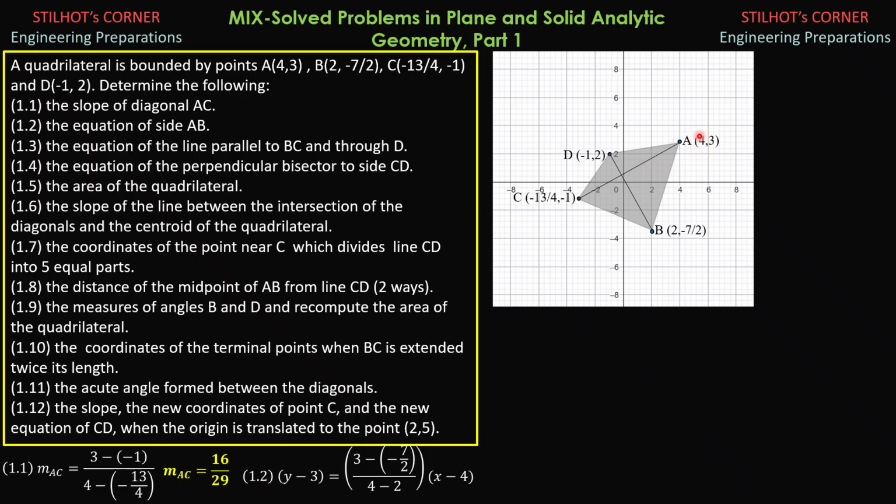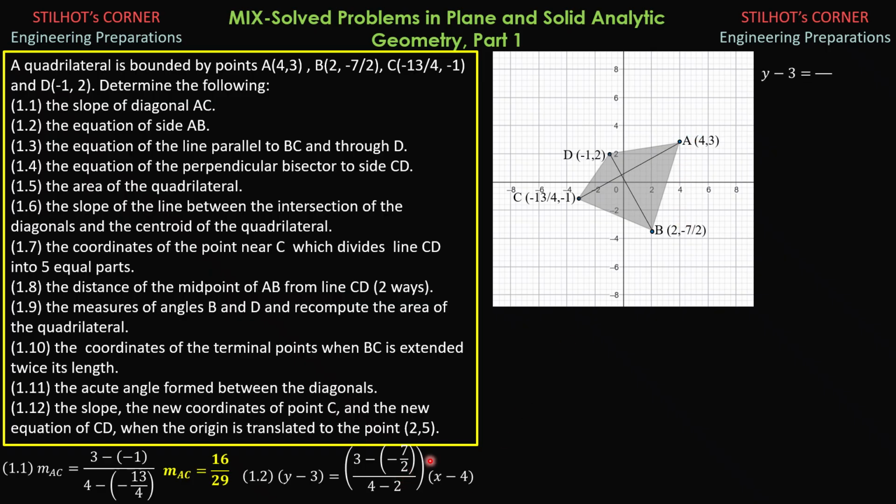I select (x1, y1) as point A, so y1 is 3 and x1 is 4. So y minus y1 equals slope times the quantity x minus x1, and the slope is 3 minus negative 7 halves all over 4 minus 2. Then times the quantity x minus 4.